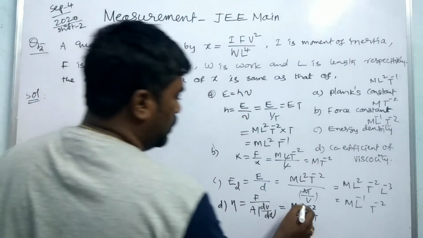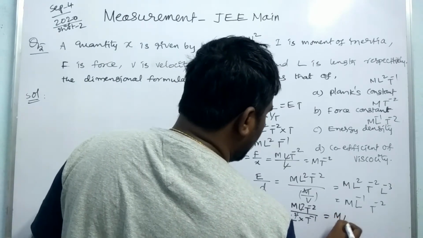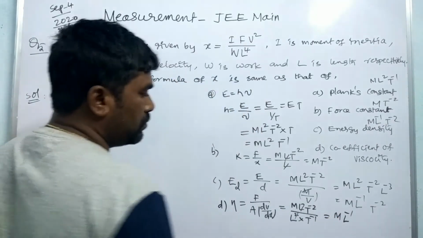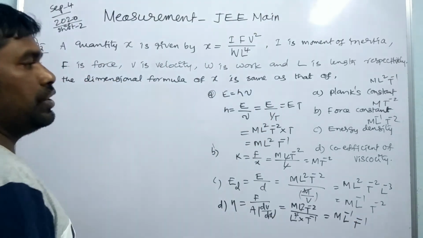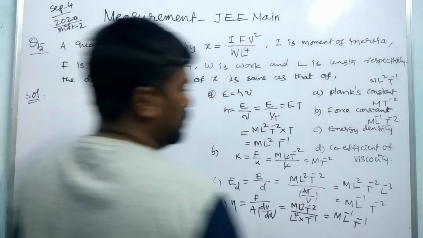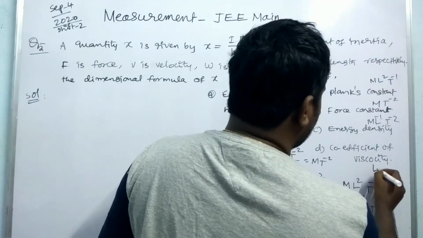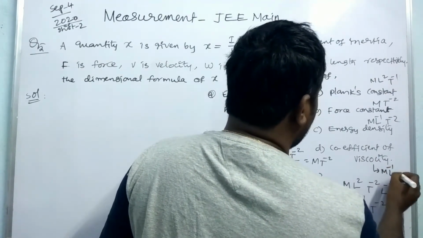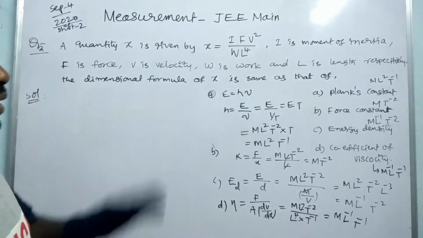Okay. So L and L get cancelled. Here M L minus 1 T minus 1. So the viscosity is M L minus 1 T minus 1. Right.